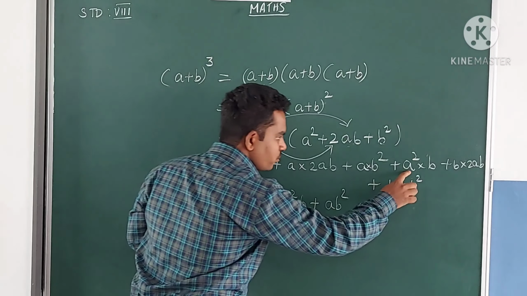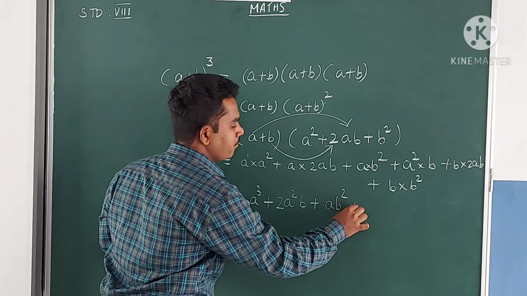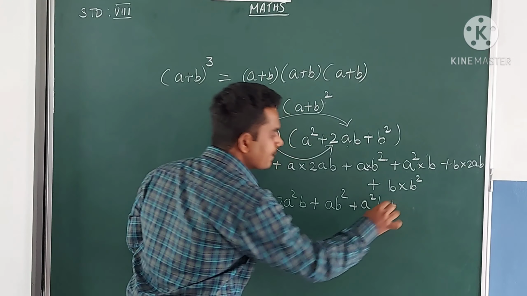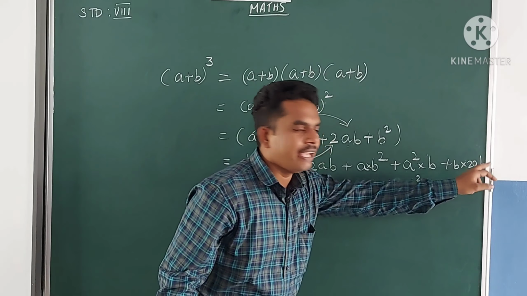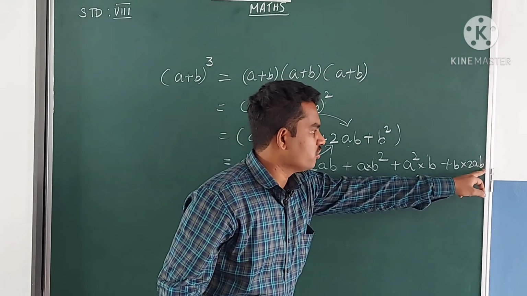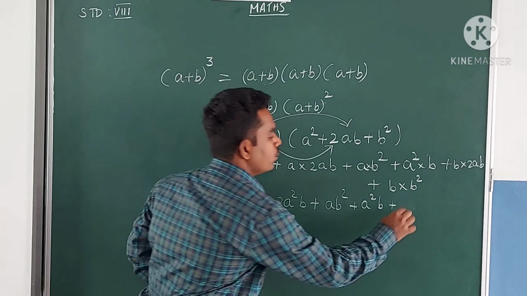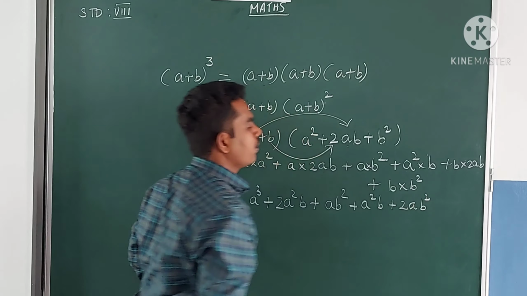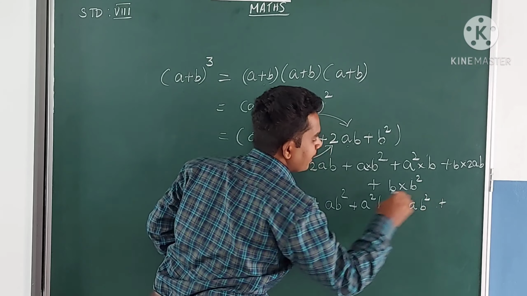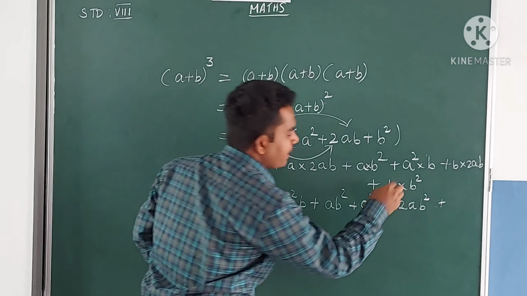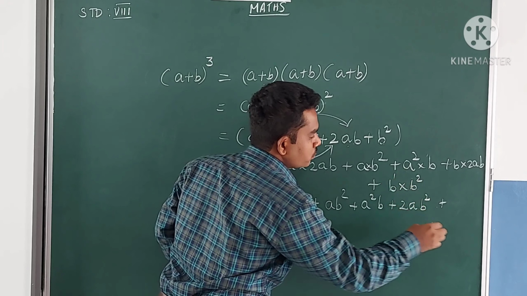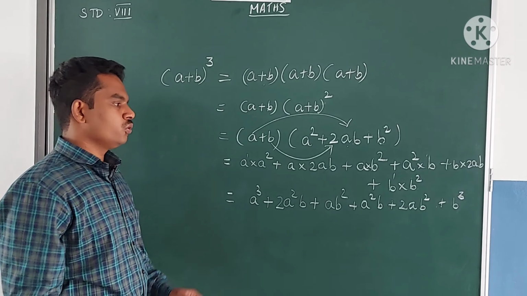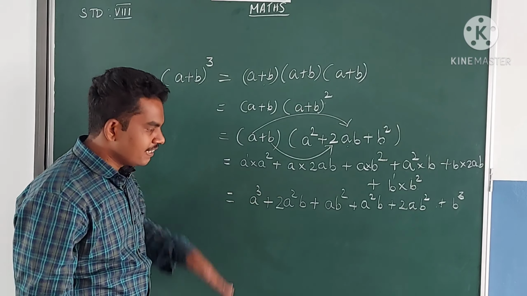Next, a square into b, it is also written as same, a square b, plus b into 2ab. Here is b, here also b. So b into b, b square. So 2a written as same, 2ab square. Next, plus b into b square. Here also 1 plus 2, 3. So b cube. So we are nearing the final step.